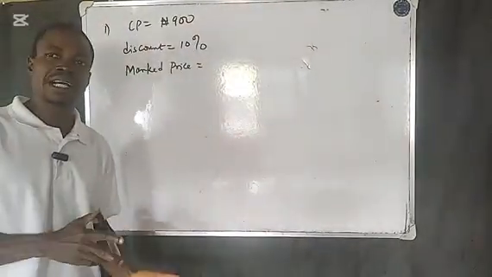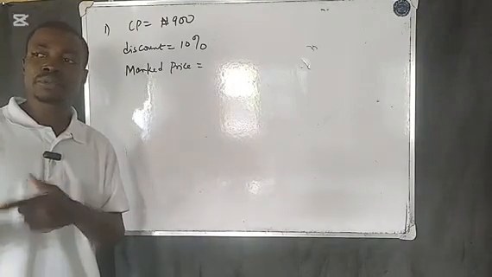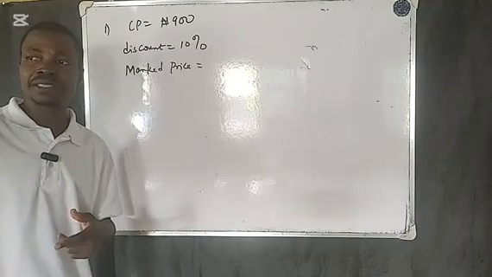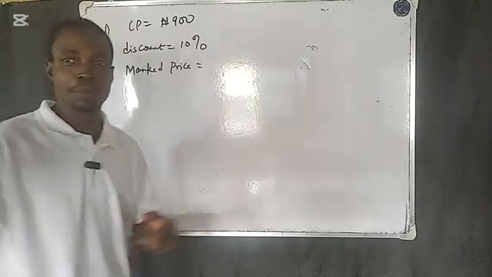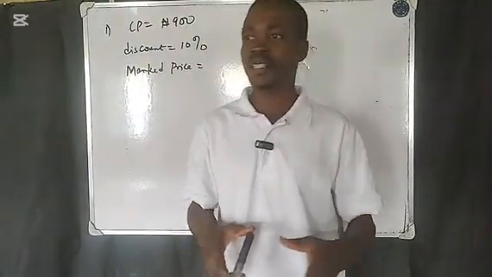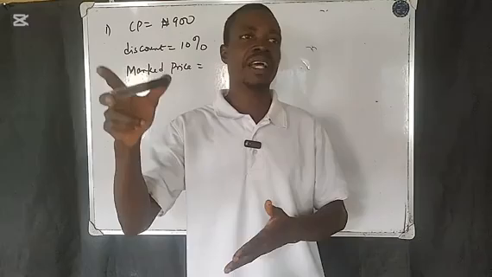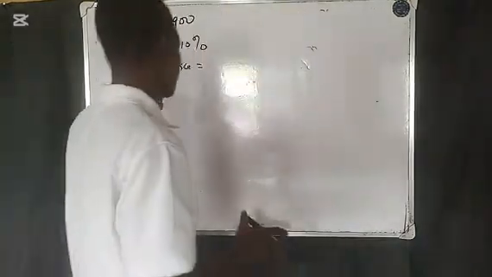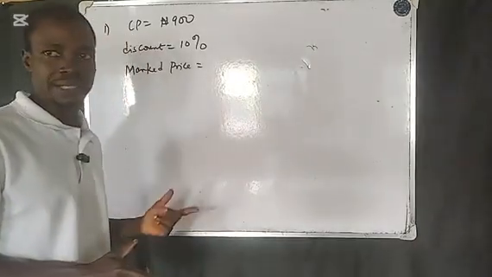Have you ever seen it before in a supermarket? So they put a price on whatever they are selling. Calculator, they put a price. Radio, they put a price. That price they are putting is what they call the marked price or tag price, right?